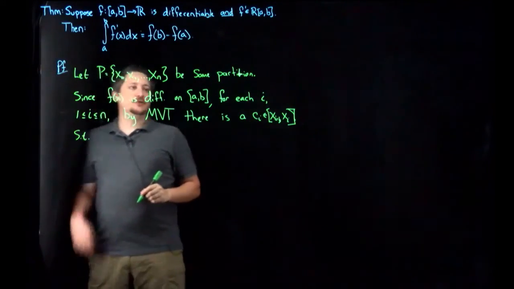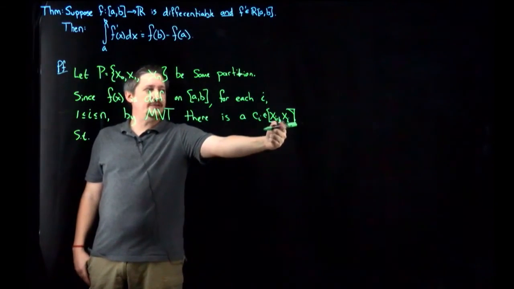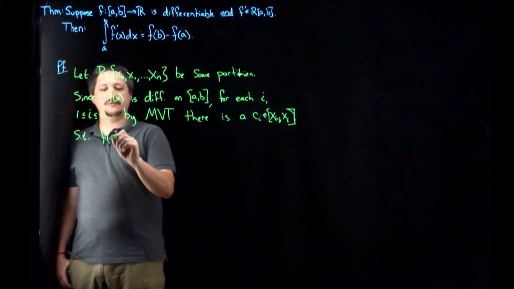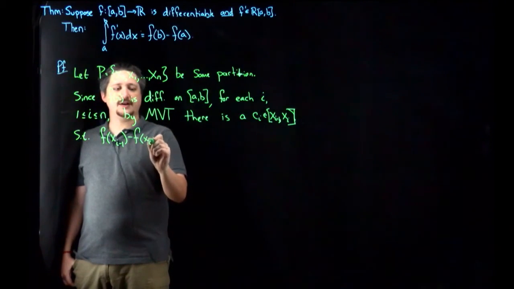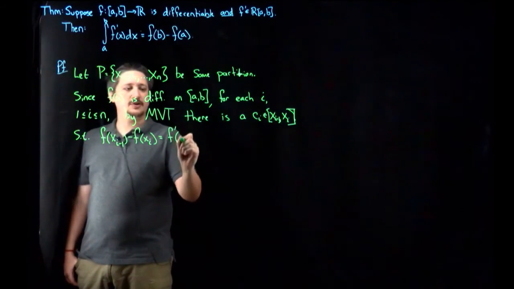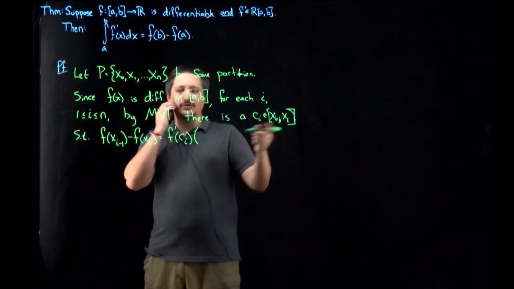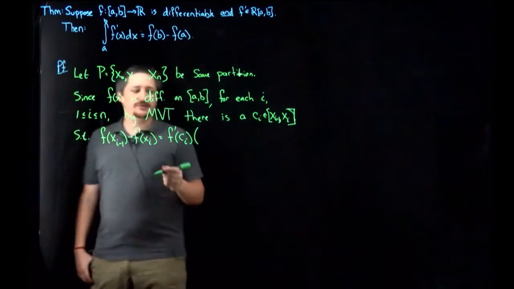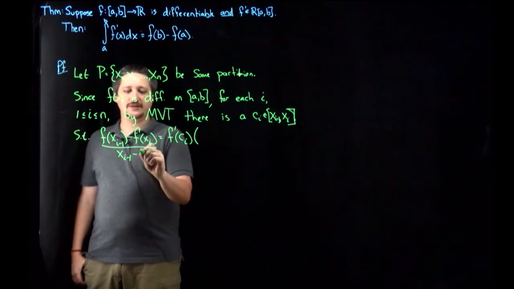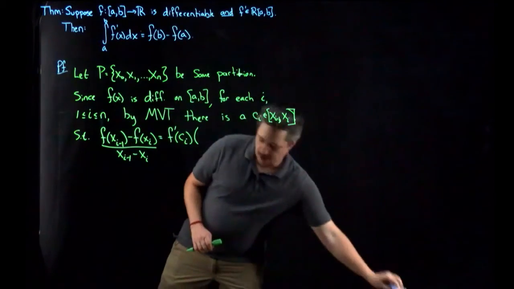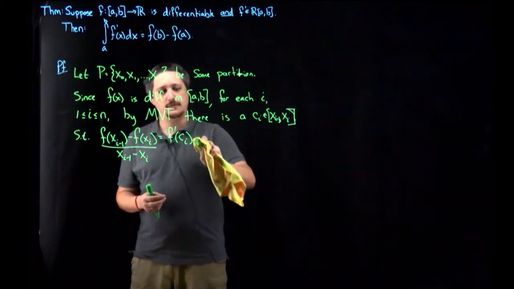such that, so the mean value theorem says that I can take some point in this closed bounded interval, and I can get that f of xi minus 1 minus f of xi is equal to f prime of ci times the average, right? So this is the average slope. So I can do this as, say, xi minus 1 minus xi.